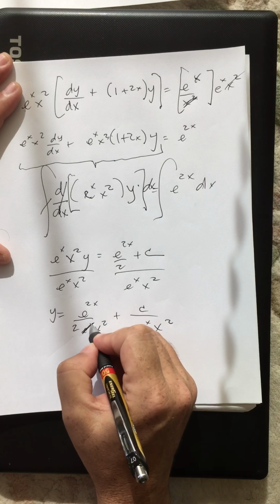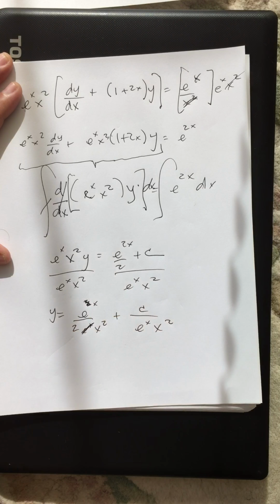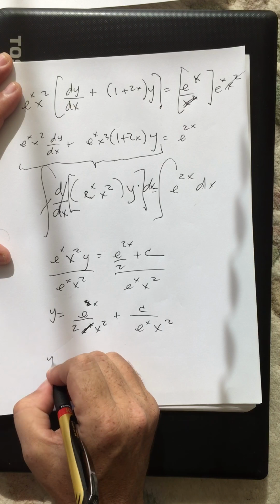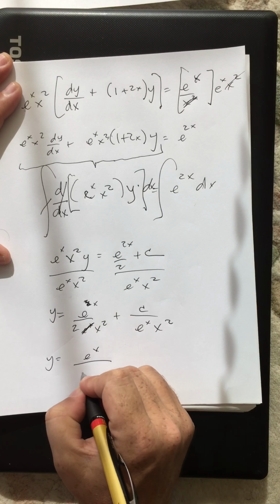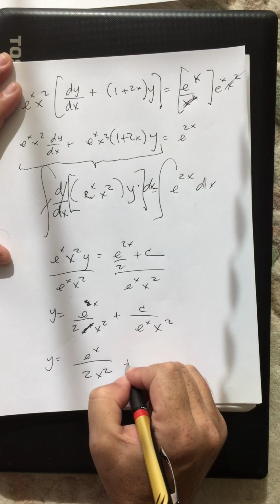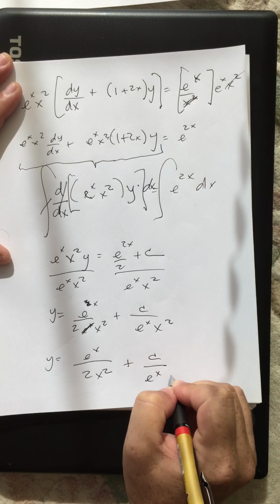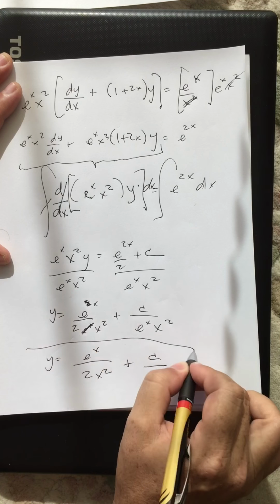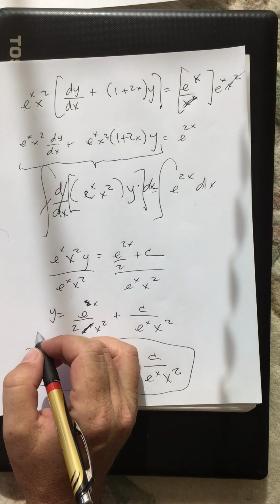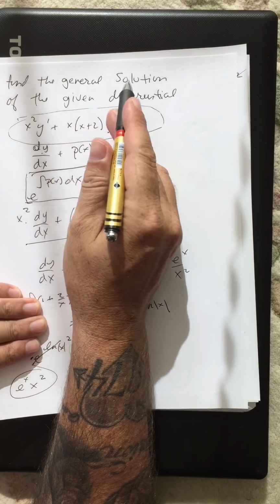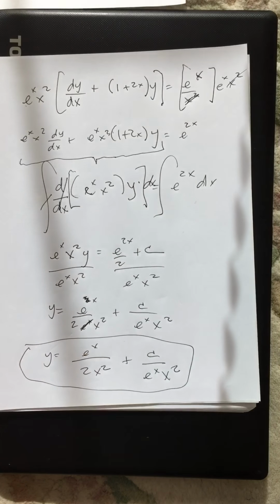And then you got e to the x here, takes out one of these right here. So you got y equals e to the x over 2x squared, plus c e to the x over x squared. There is your general solution of the given differential right there.